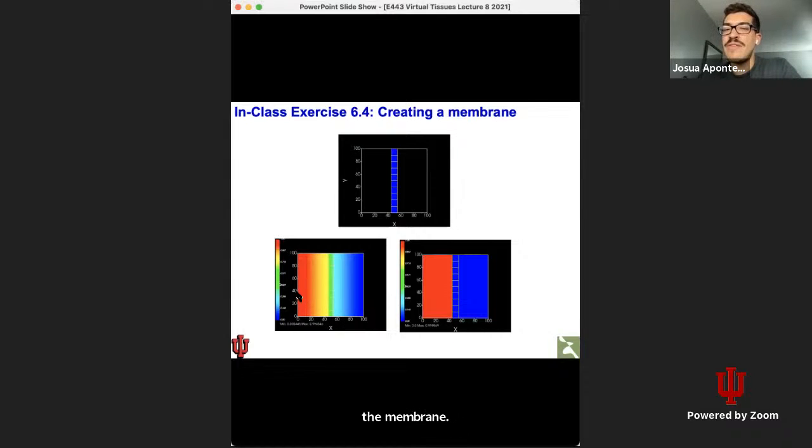That resulted in a different concentration profile than what we have with a completely diffusible molecule throughout the simulation domain. Then we showed also that by setting the diffusion coefficient through the membrane to 0, we can create an impermeable membrane where the diffusing molecule cannot get through.